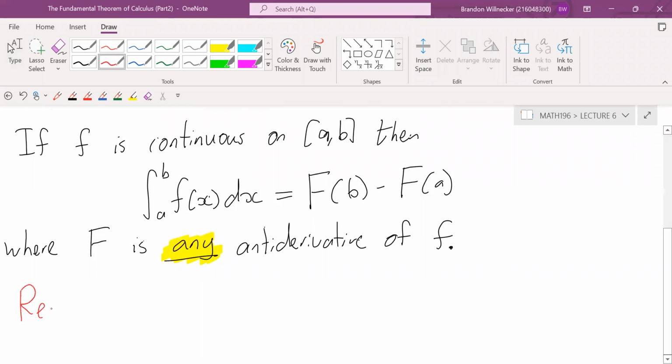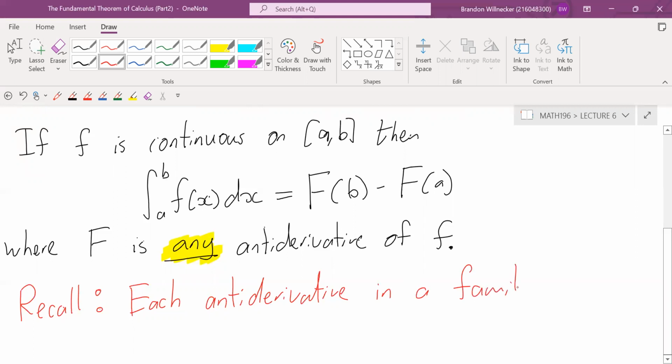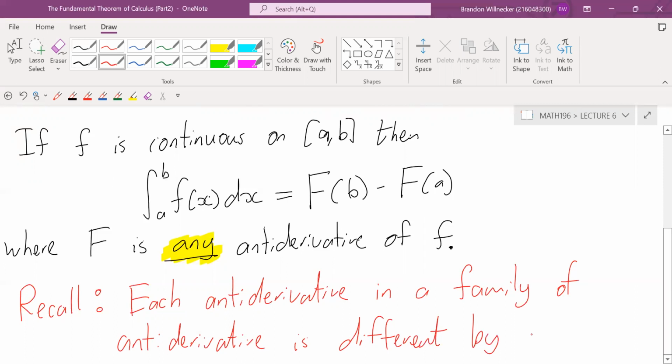So recall, each antiderivative in a family of antiderivatives is different by, let's say, an additive constant plus c.